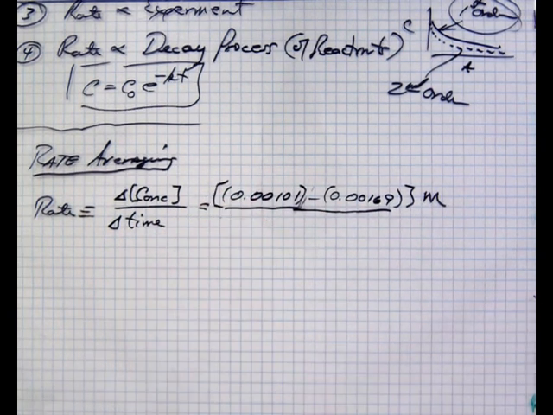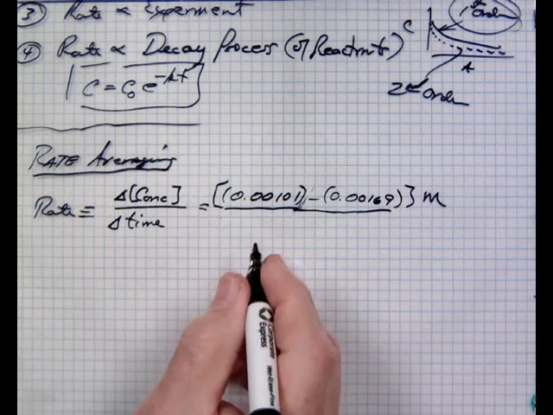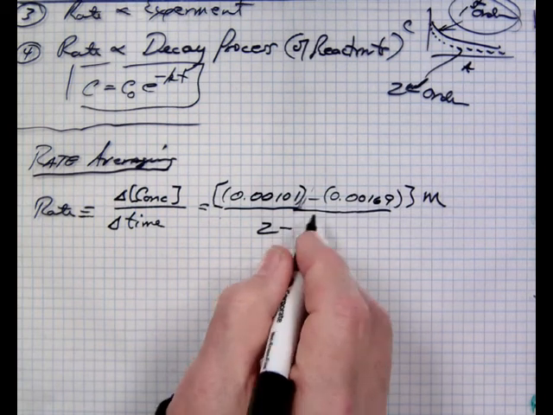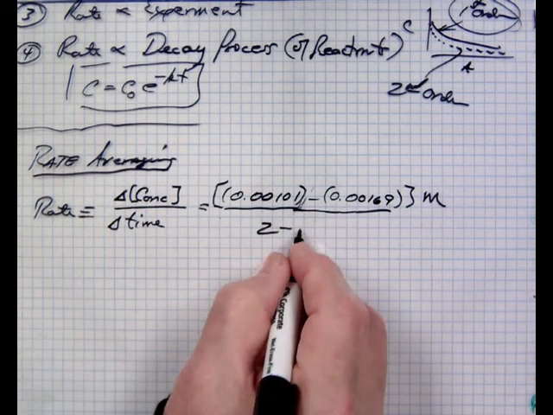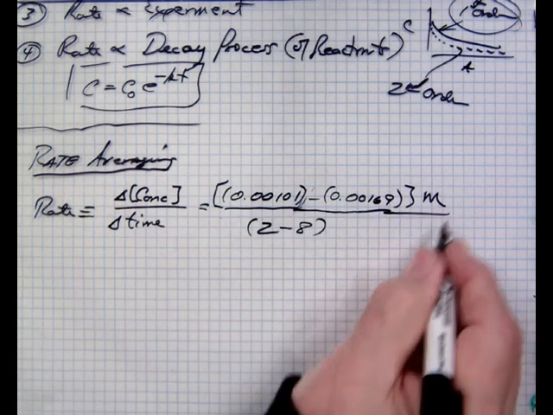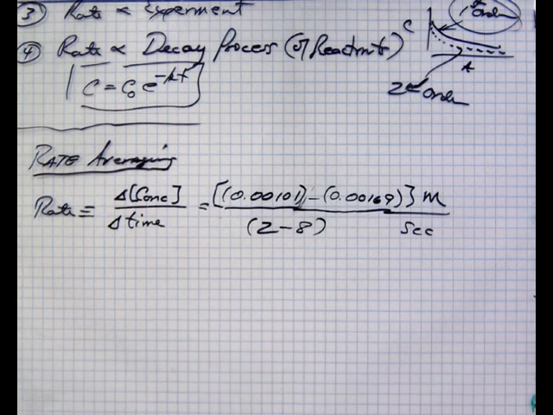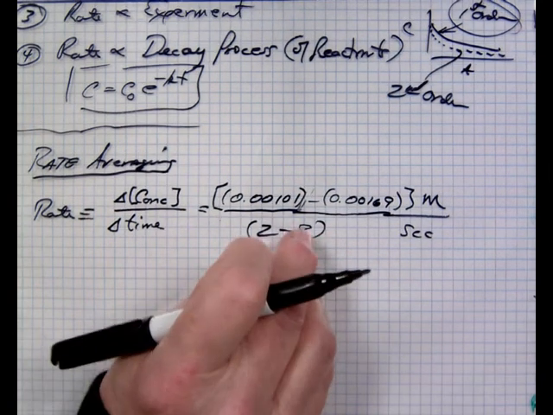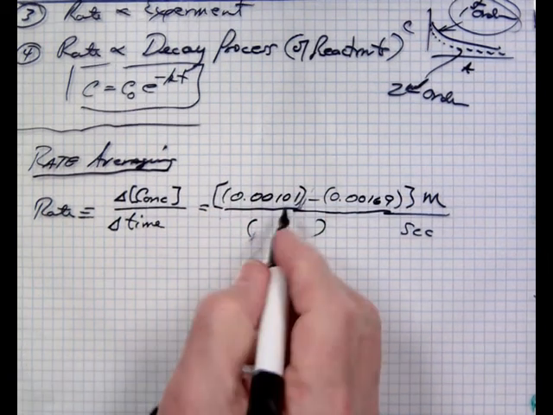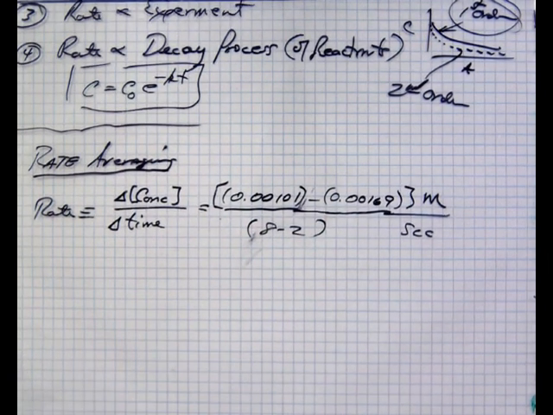That's a concentration term, sorry. And your time is, of course, 2 seconds minus the first, 8. And so that will be in seconds. Change in concentration over change in time. Actually, the second one would be 8, second minus the first. I'm sorry, it should be 8 minus 2, my bad.